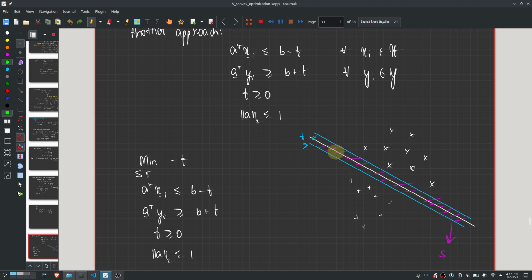Given any hyperplane, you can construct this slab, which is two other lines parallel to the original hyperplane, such that all points of X are on one side of the slab and all points of Y are on the other side. The end goal is to maximize the width of this slab. We saw that this can also be formulated as a convex optimization problem, and we solved that using CVXPY in the previous class.